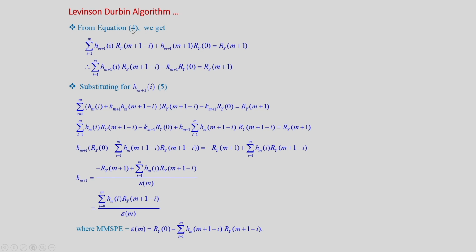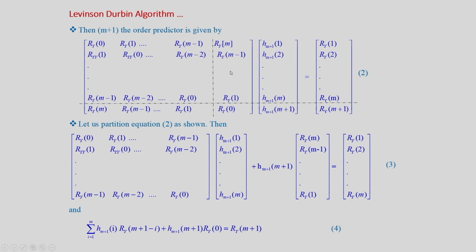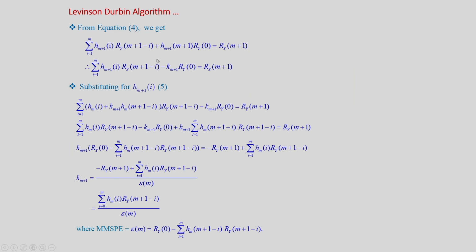Now, from equation 4 we get the summation of h_{m+1}(i) into R_y(m+1-i), going from 1 to m, plus h_{m+1}(m+1) into R_y(0), is equal to R_y(m+1). This we obtain from equation 4. So, substituting h_{m+1}(m+1) equal to minus k_{m+1}, we get this relationship.